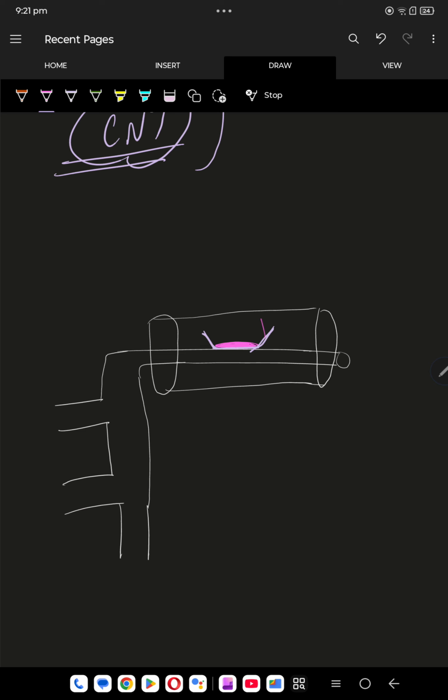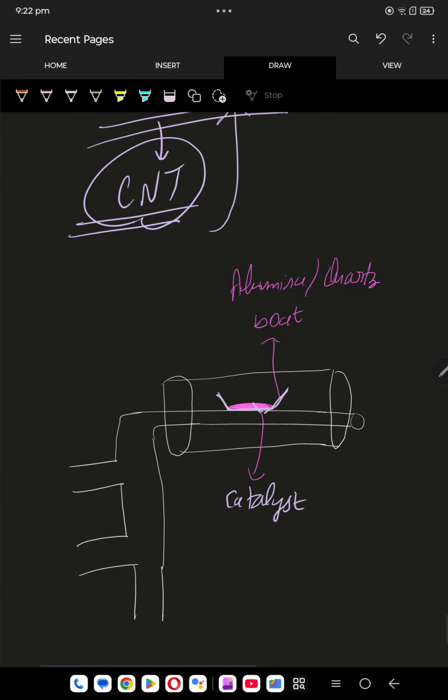So this is a boat which is made of alumina or quartz. And here, this is the catalyst, the pink part. This part is a catalyst mainly of iron or nickel.